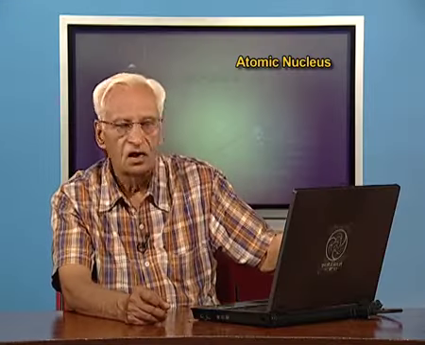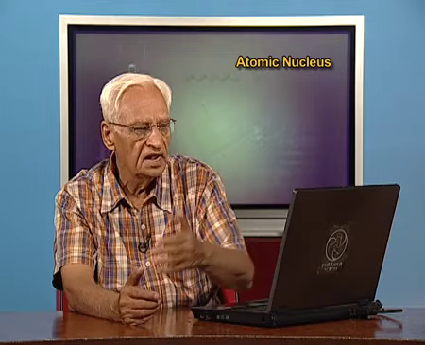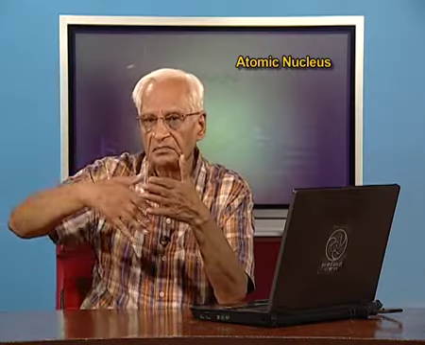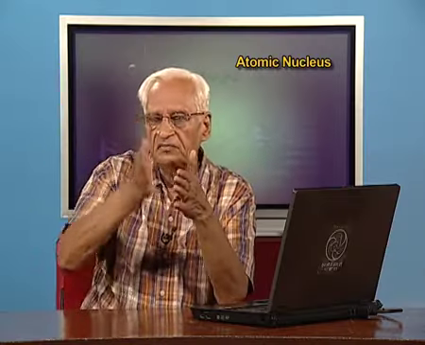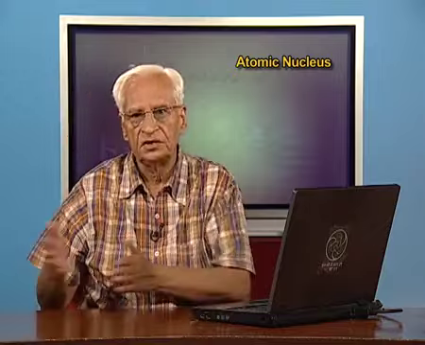In the next lecture, we shall continue with this discussion of the stability of nuclei. We will find a reason why they are unstable, and we shall also find how one can picture the variation of stability of nuclei from the lightest nuclei to the heaviest nuclei.